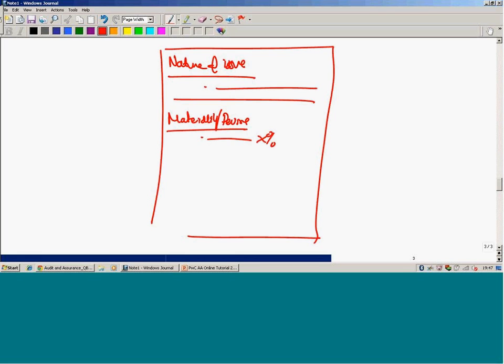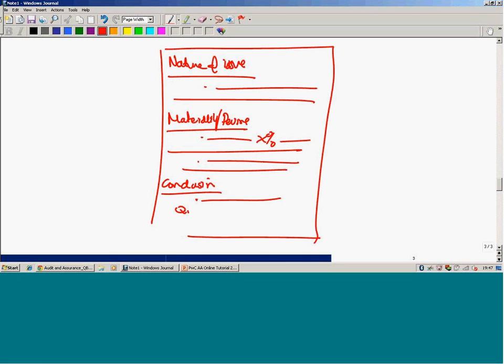This is 2.5% of assets, which is material, but not pervasive. Conclusion: it gives rise to a qualified opinion. Then a paragraph above the opinion explaining the basis for that qualification.